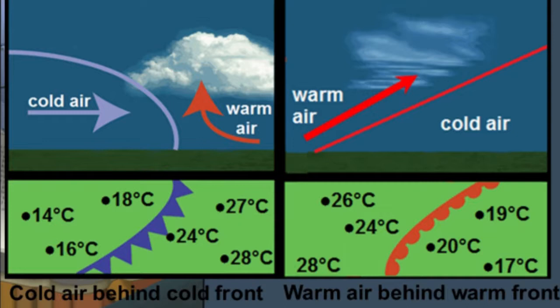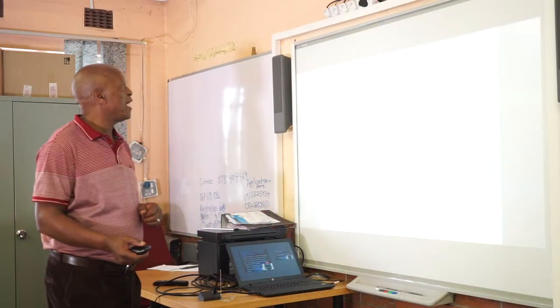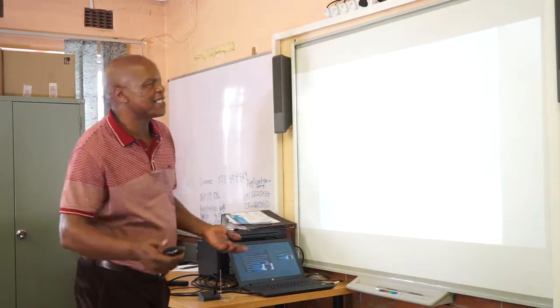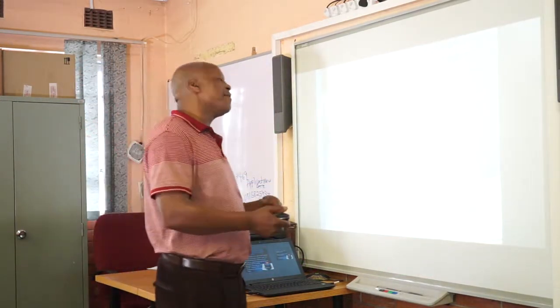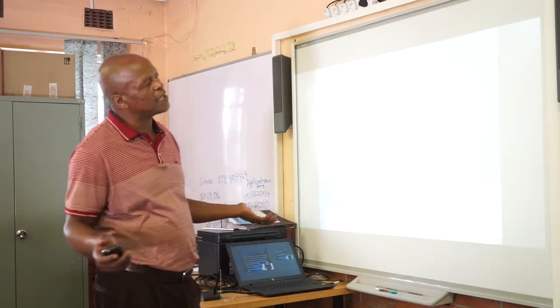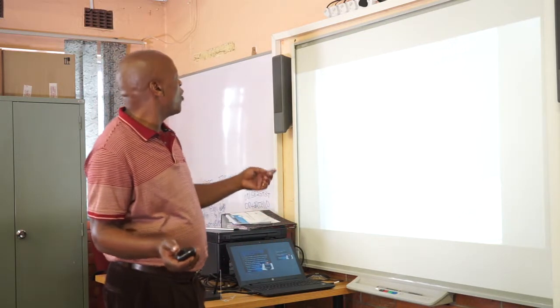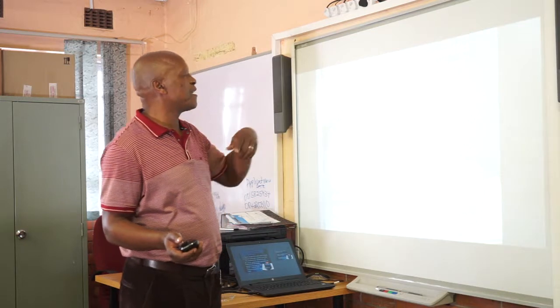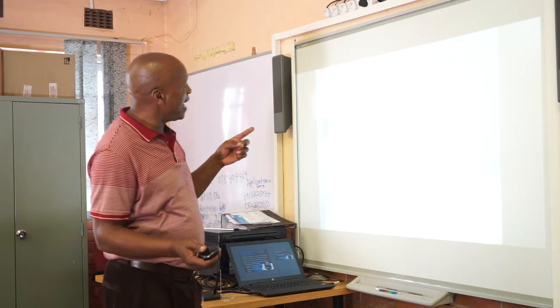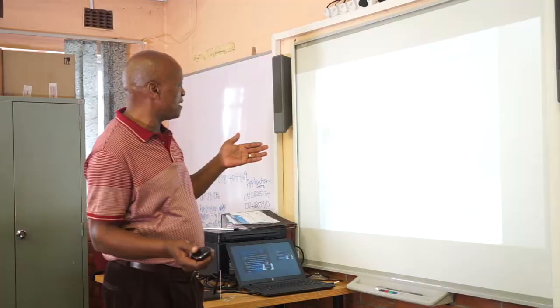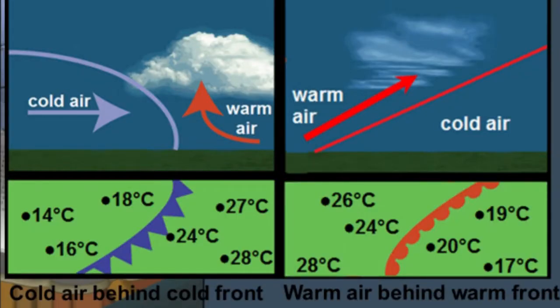Now let us move on. Now the analysis: sometimes the examiners play around with the analysis. When you say the air ahead of the warm front is cooler, the air in the warm sector is hot, 28, and ahead of it, it is cooler, it's moderate, 18 degrees.